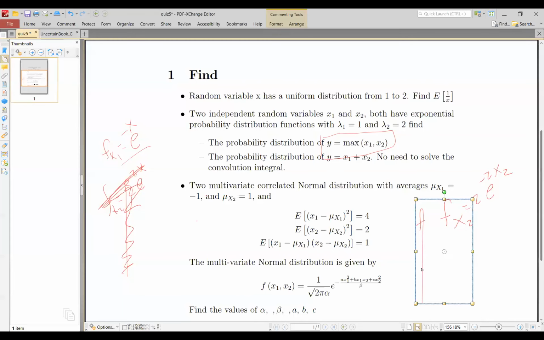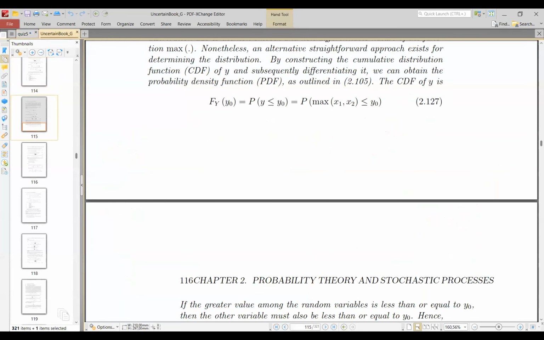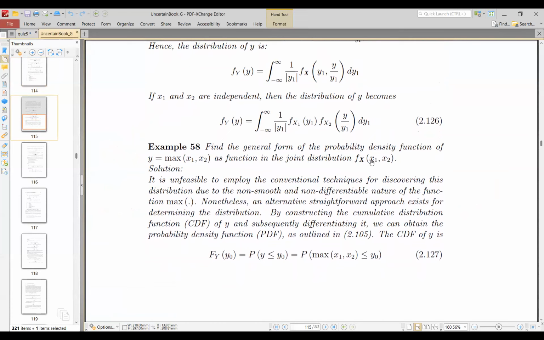To show you where you can find it, I will go to the lecture itself. Now, to find the maximum, you can see here: find the general form of the probability density function of y equal to the maximum between x1 and x2 as a function of the joint distribution.